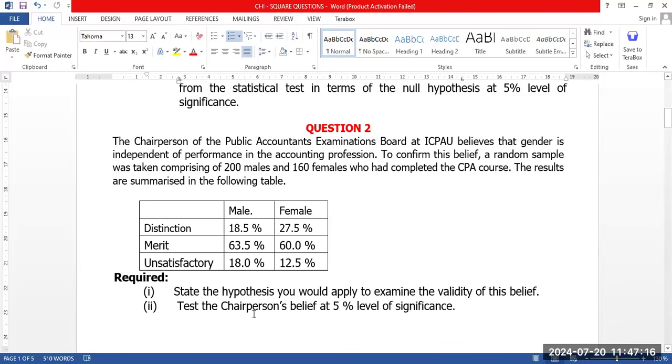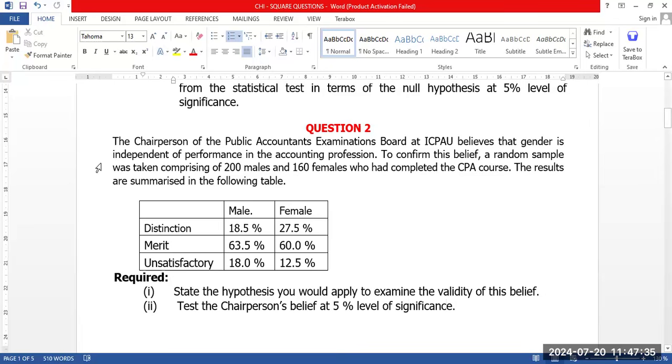Then number 2, test the chairperson's belief at 5% level of significance. So we needed to know this chairperson, did he state his opinion? Did he state his belief?